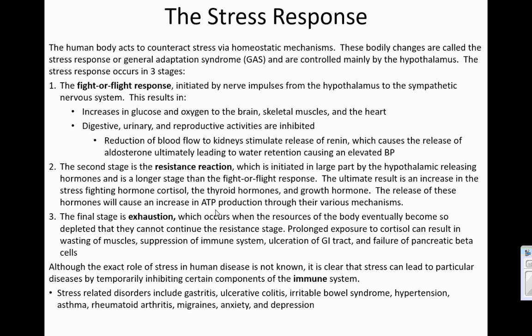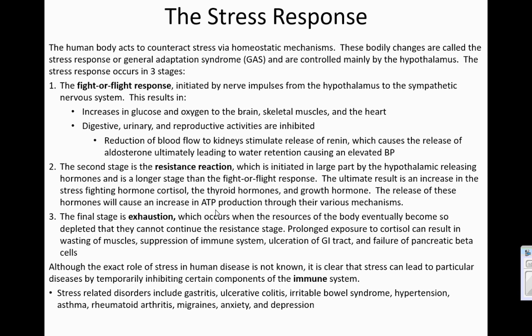If you have prolonged release of cortisol, it will impair your immune system, waste away your muscles, lead to ulceration of the GI tract, and even cause your pancreatic beta cells to fail, therefore not releasing insulin. Not a good thing. Not a lot of good things, actually.